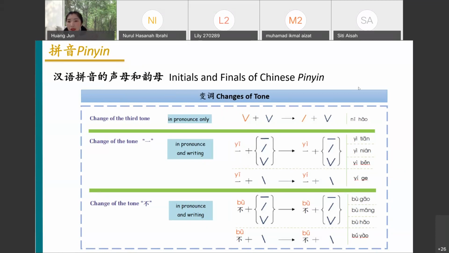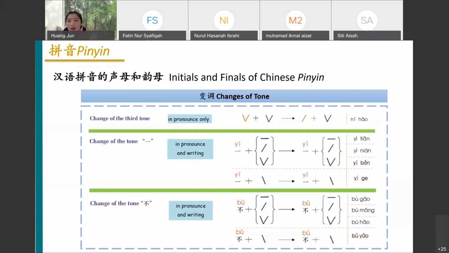For example, read after me and try to feel it. The first word we are reading, N-I with tone number 3, is 你. Then the second word over here, 你, means you. Then another word, 好. Very good. One more time, 好. 好 means good.